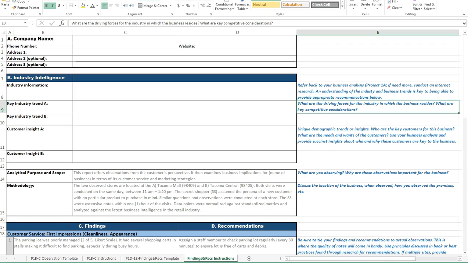Another trend for retail, for example, is to figure out strategies to become Amazon proof.